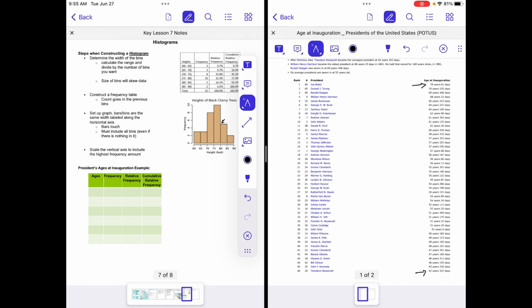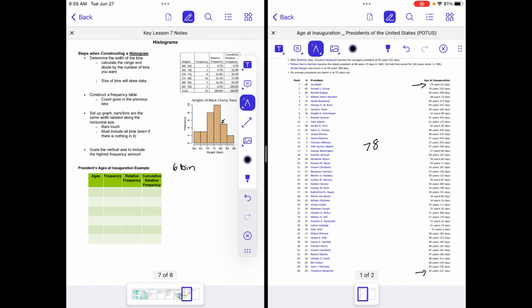Now, if I look at my table here, let's say I want to make 6 bins. We call them bins. So we want to divide this group up into 6 different groups. My first step is always to figure out how many years I am going from.